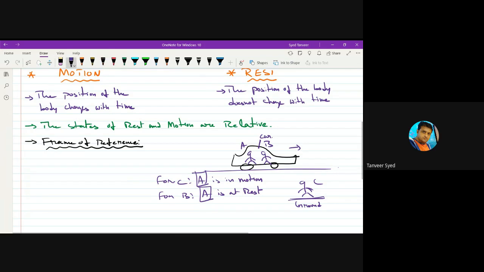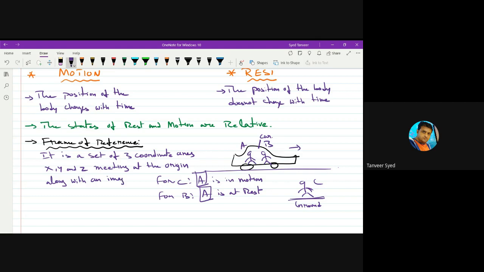It is a set of three coordinate axes, X, Y, and Z, meeting at the origin, along with an imaginary clock to measure time, because motion is directly related to time.